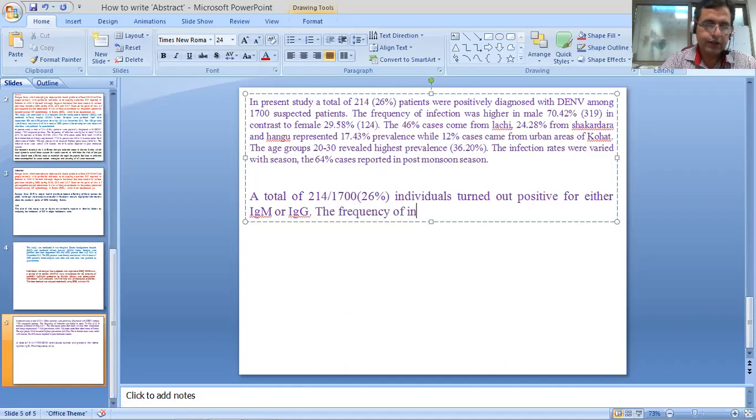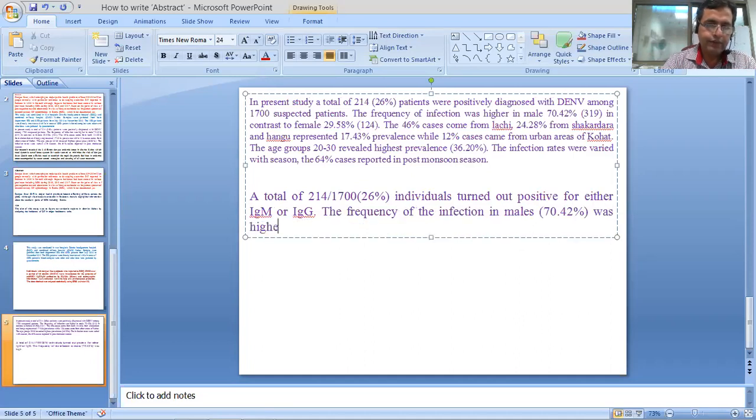Okay, then I have to write that the frequency of infection in males, I can give the same percentages he has given for men, 70.42%, was higher than in female.